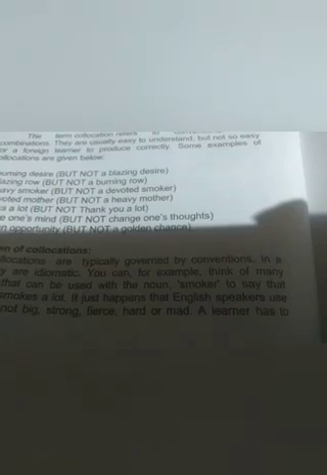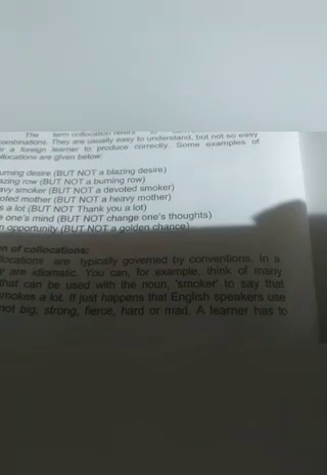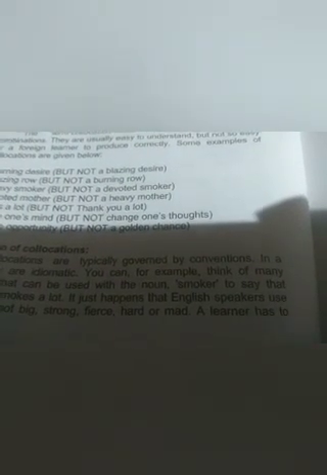It just happens that English speakers use heavy and not big, strong, fierce, hard, or mad. A learner has to know these correct combinations in order to express the idea correctly. A foreign learner who uses wrong combinations may still be understood, but he or she will not sound natural.